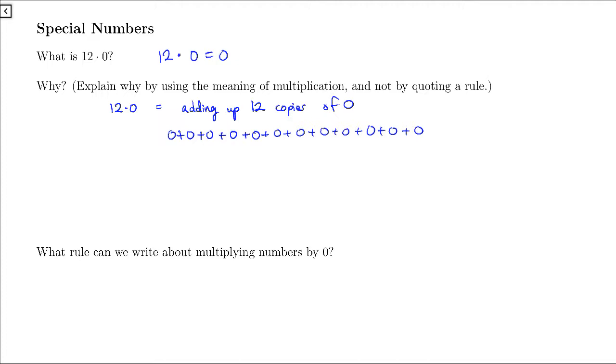Or another way to think about it is adding up 0 copies of 12.